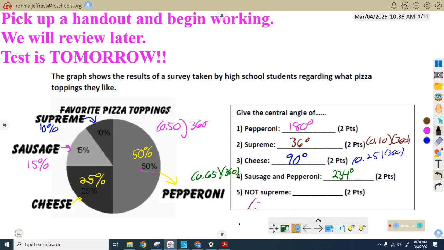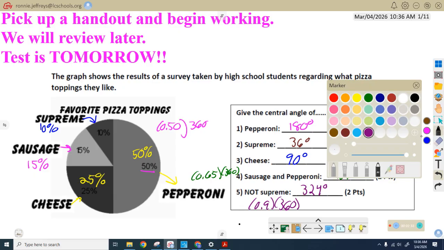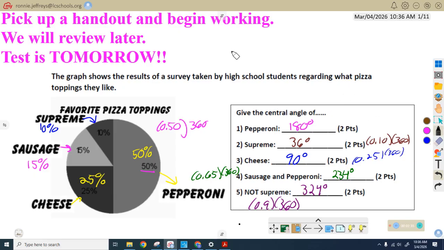So this would be 0.9, which gives 324 degrees.